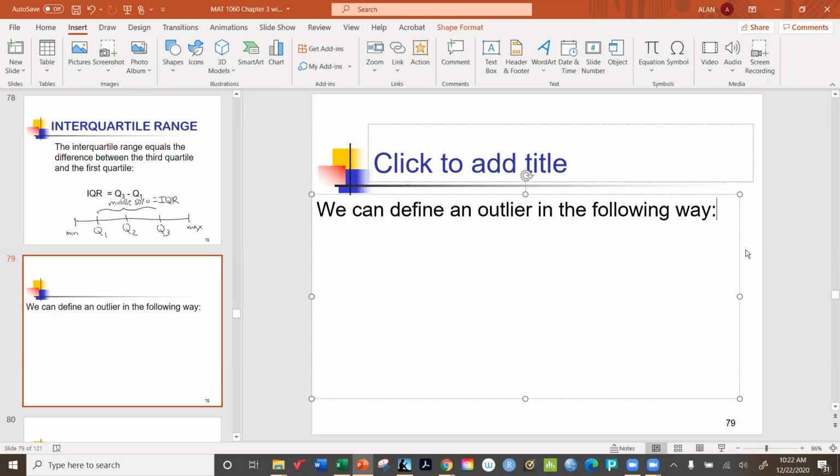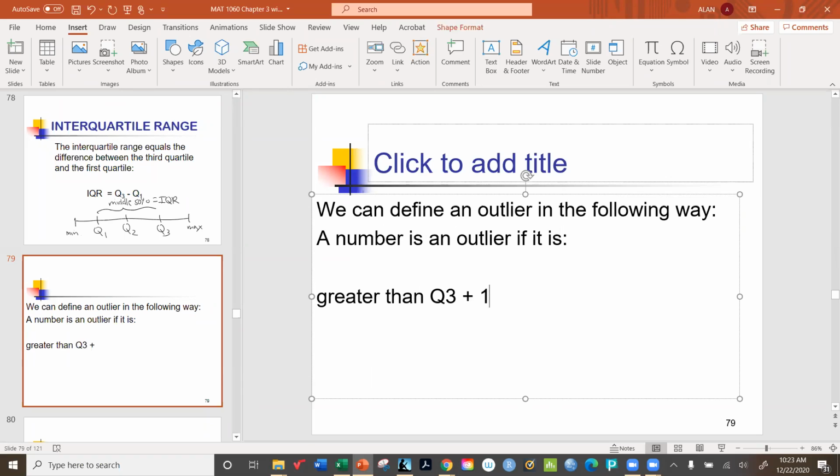Okay, a number is an outlier if it is greater than Q3 plus 1.5 times the IQR or less than Q1 minus 1.5 times the IQR.